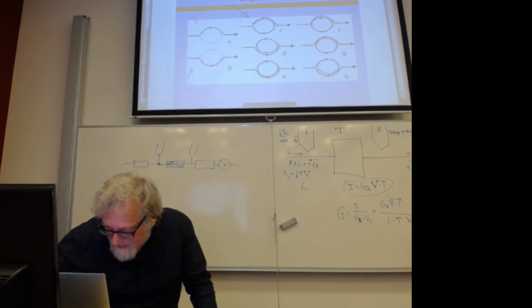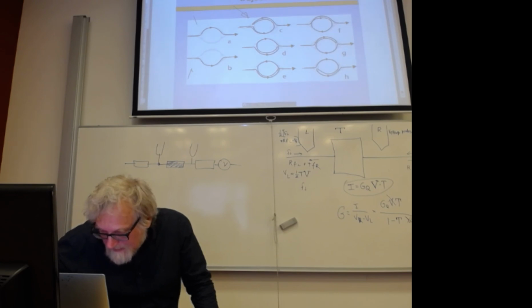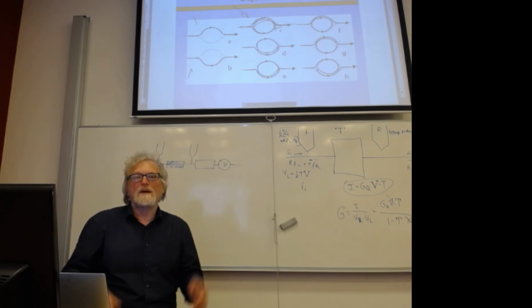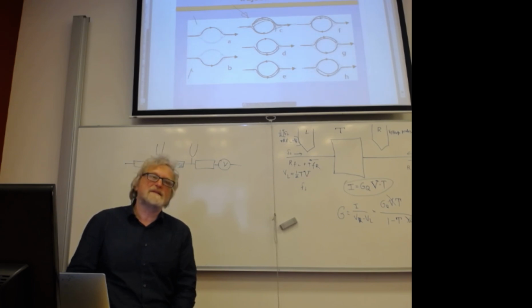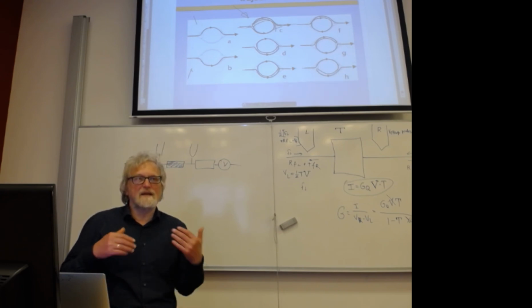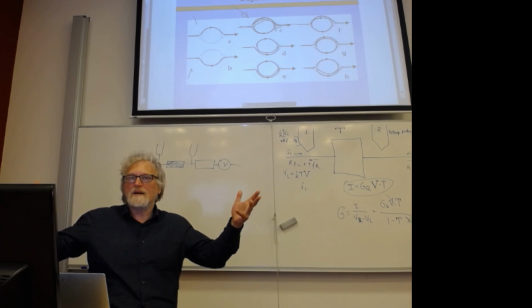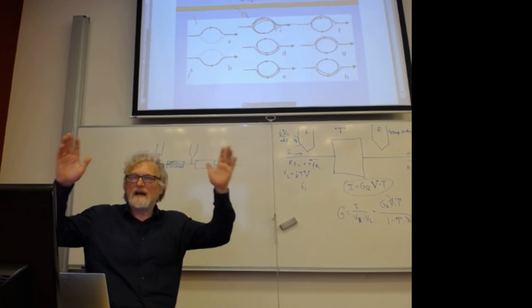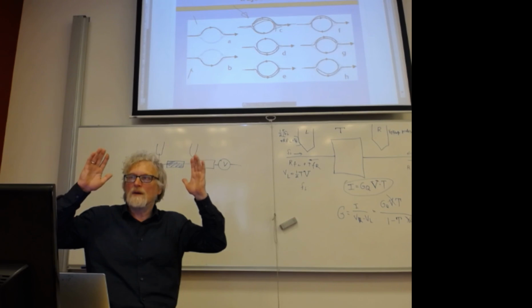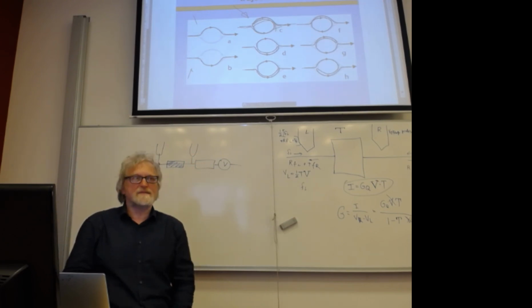For instance, this one: there is a transmission, it goes down, but it doesn't turn to here, it turns here, so it bounces and goes like this. All possible trajectories with one bounce.